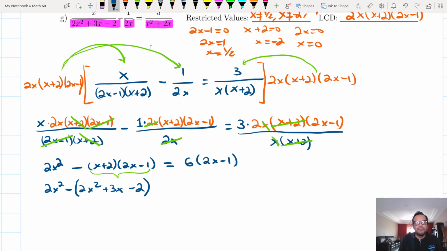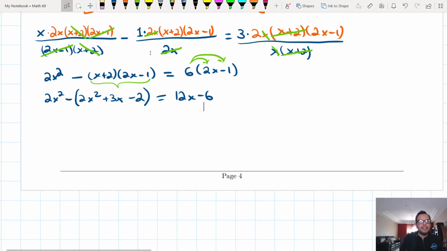Notice we have a difference, and that affects everything. And then 6 times 2x will be 12x, and 6 times negative 1 will be negative 6. So 12x minus 6.